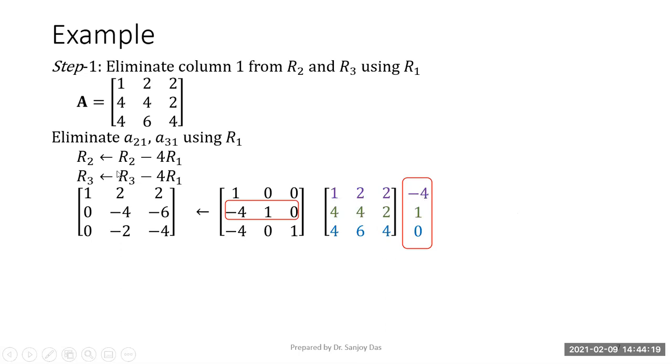And if you look here, this is the second row. Now, row 2 is row 2 minus 4R1. So this is row 2 times 1 minus 4 times R1, right? This is the operation that I just did.